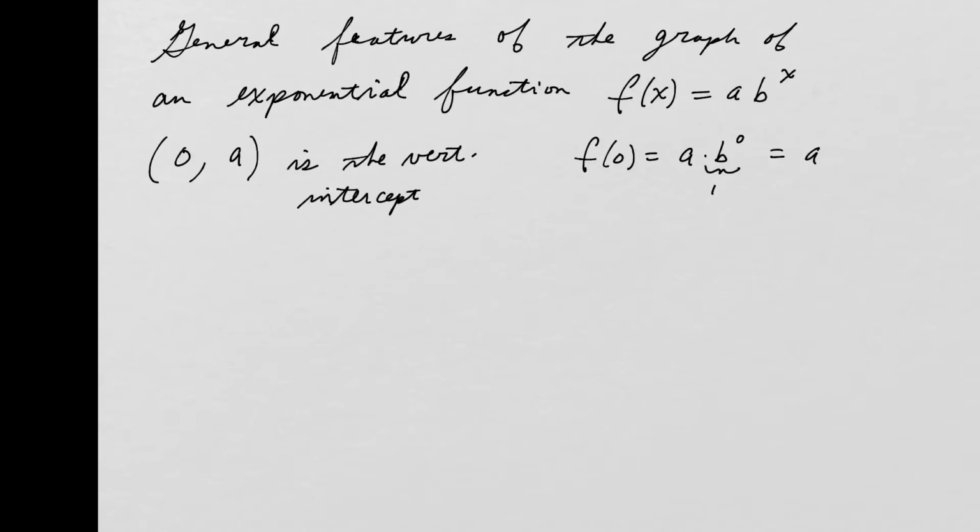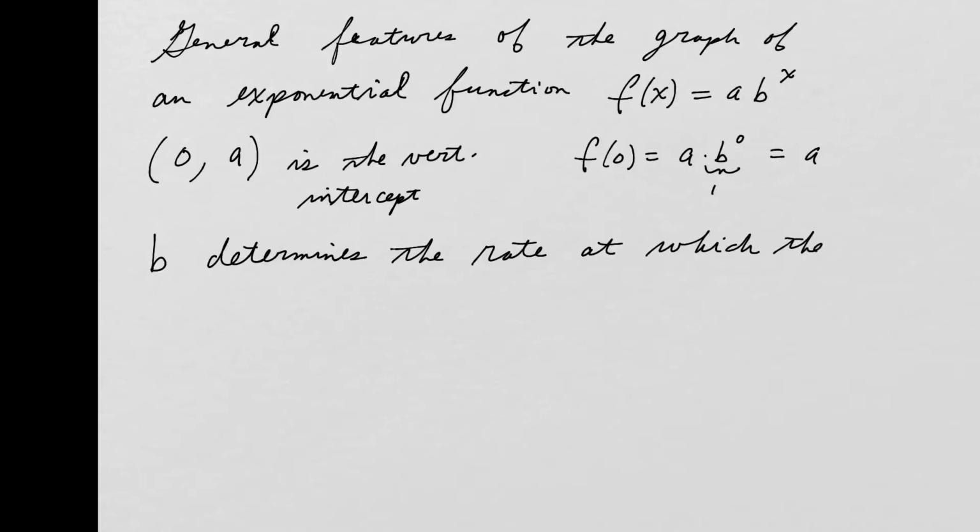The b determines the rate at which the graph grows when a is positive.